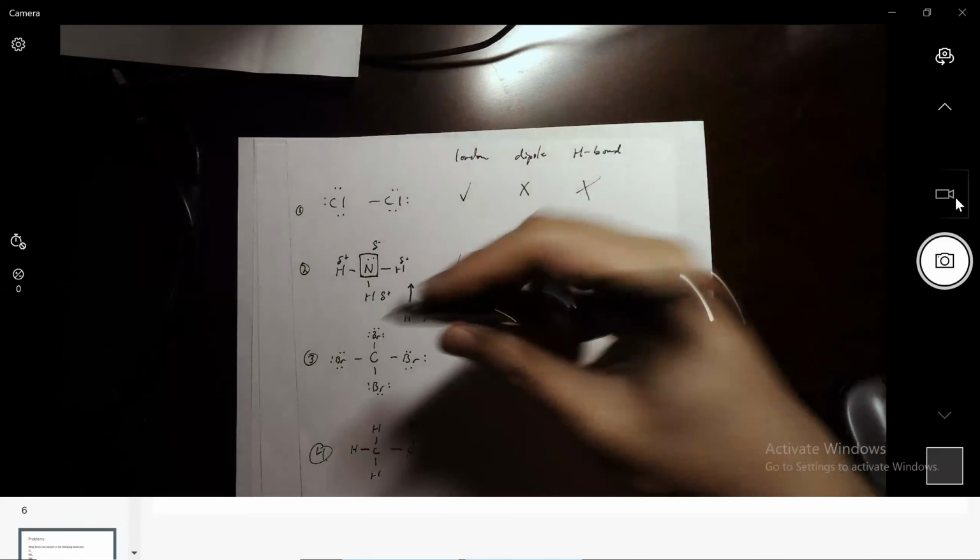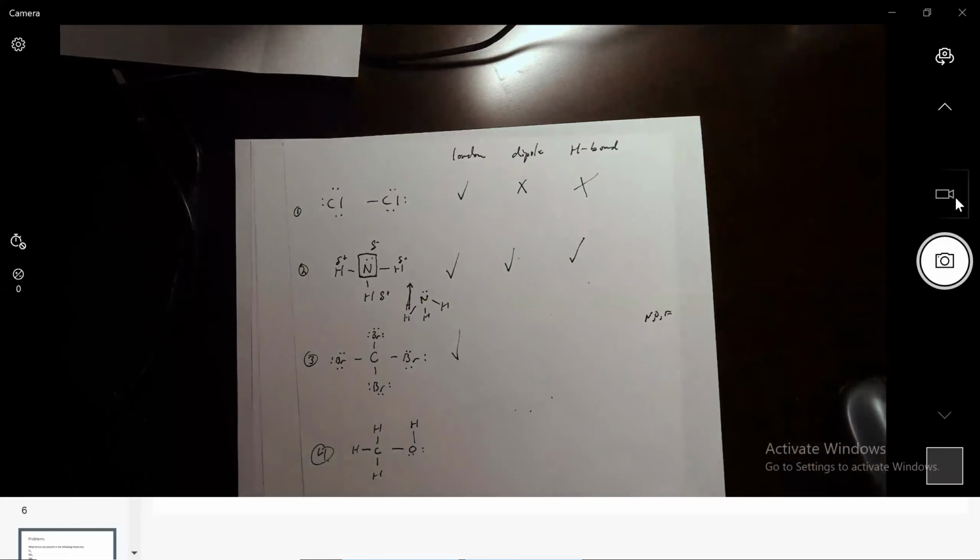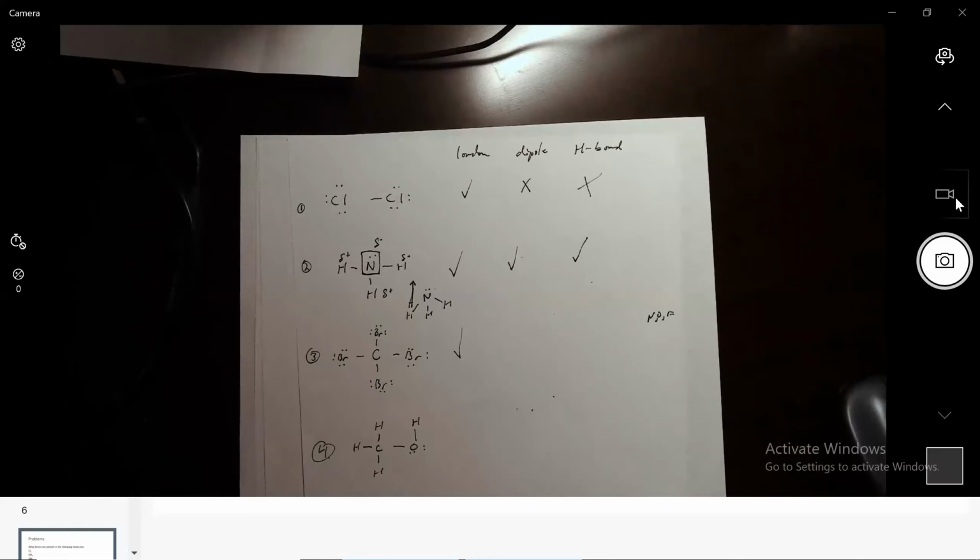Great. Now, what about carbon tetrabromide? We have London forces, right? What about dipole forces? Do we have an overall dipole? Okay. Can you tell me why you think there's an overall dipole? Carbon is in the middle, right? Yeah, that's true.